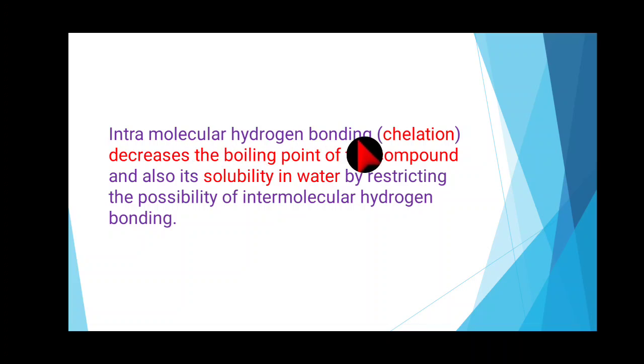The intramolecular hydrogen bonding is called chelation, as I told you earlier. It decreases the boiling point of the compound and also its solubility in water by restricting the possibility of intermolecular hydrogen bonding.